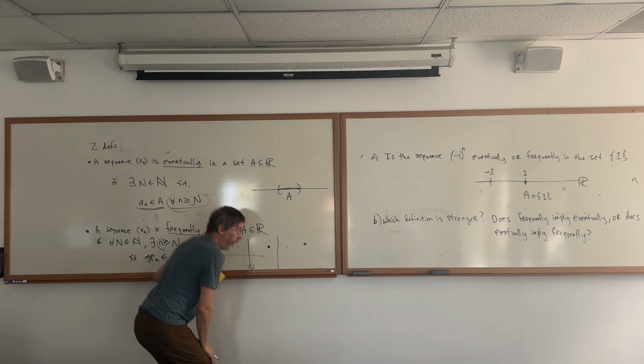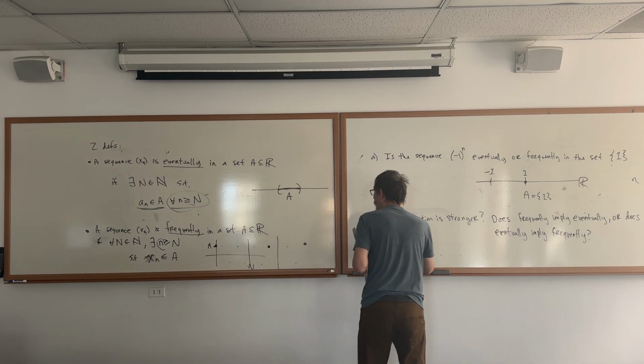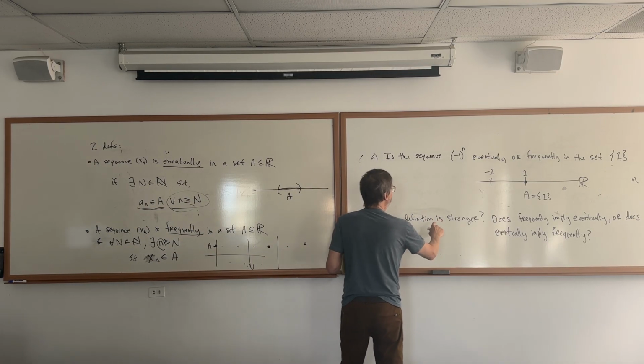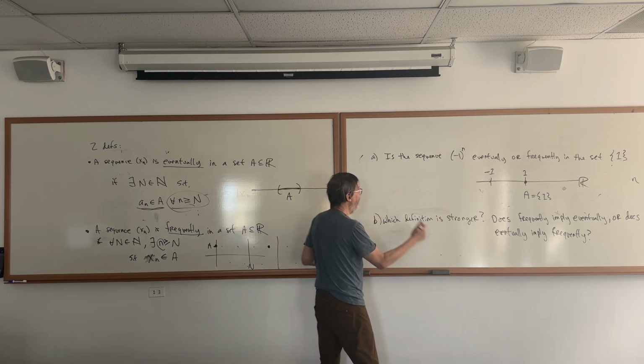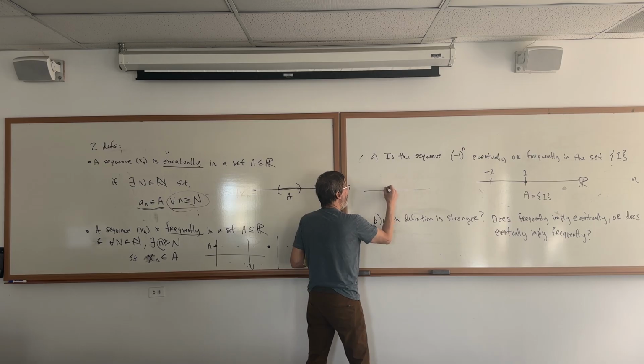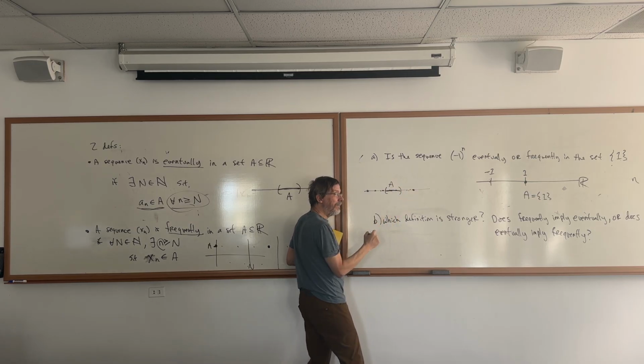So that's frequently. So now, this definition eventually implies frequently. So eventually would mean this. Let's see, so I've got my set A right here. Eventually means I'm going like this, da, da, da, da, da. And maybe 10,000 sequence points later, from there on out, I'm inside there.